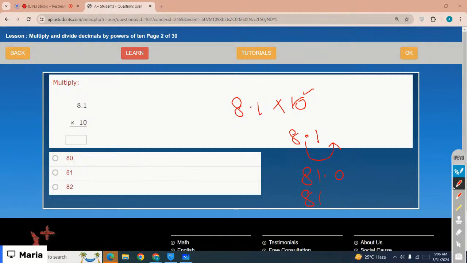When you are multiplying with the powers of 10, you have to move the decimal point to the right hand side. Got it? Okay, that is 81.